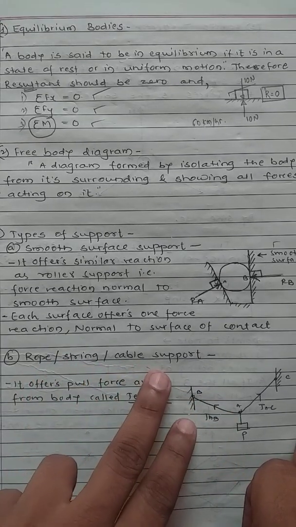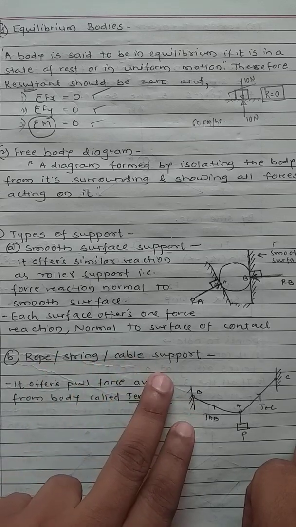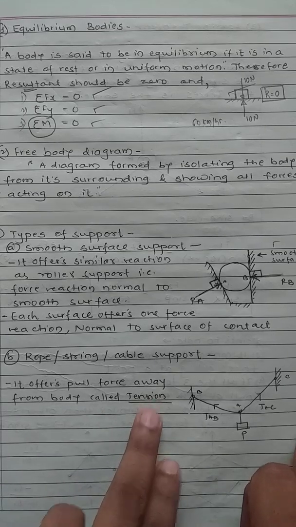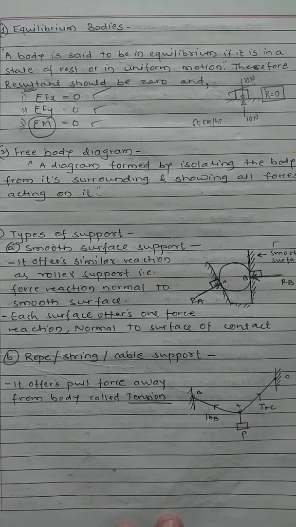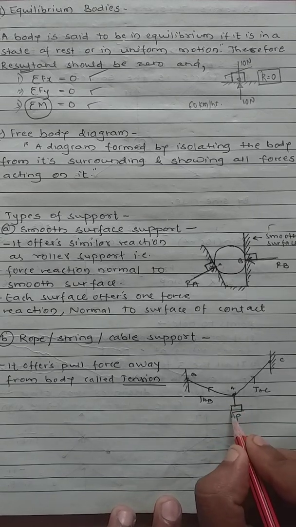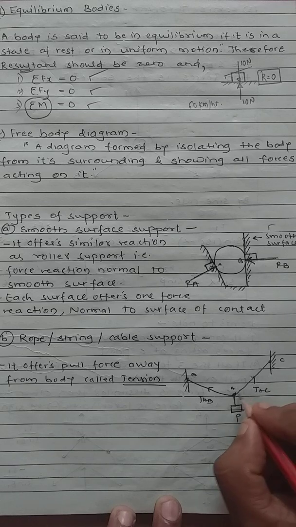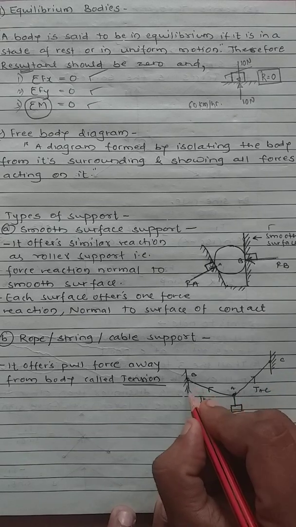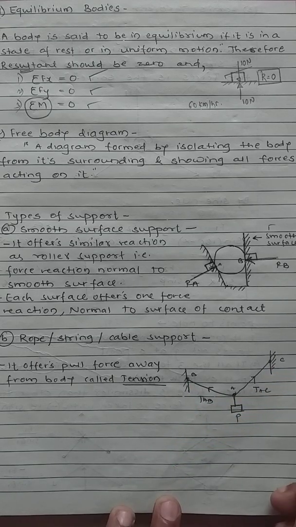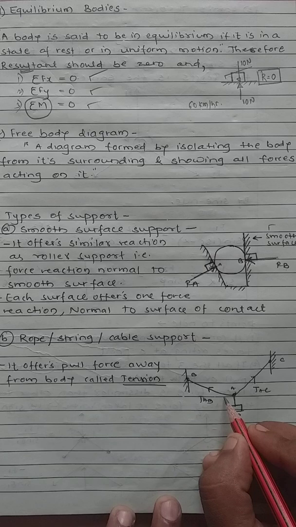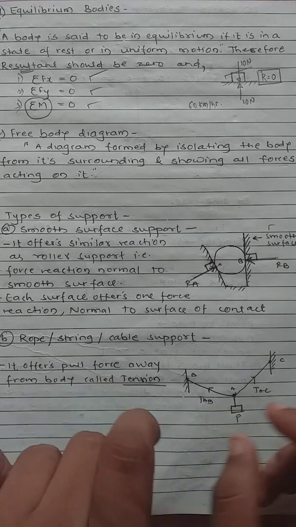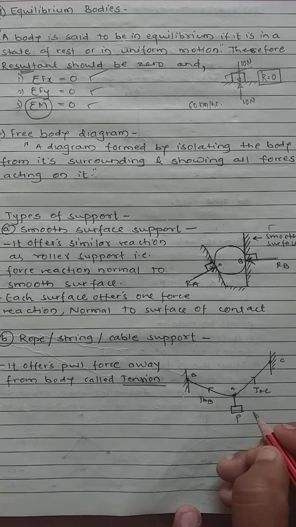Next is rope, string or cable support. In rope, string or cable support there is always a tensile force. It is called tension, and important is this tension is always away from the body. For example, if you consider there is a body which is connected to point C and tied at point B or tied at point C. Obviously, as it is a rope, string or cable, there will be a tensile force, a tension in the cable or string.